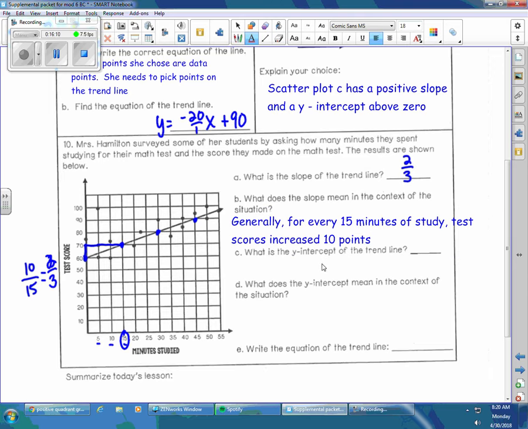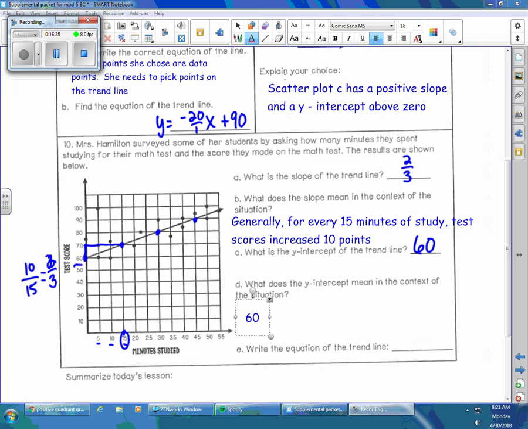Where does it cross the y-axis? At 60. What does the y-intercept mean in the context of the situation? 60 is the point.